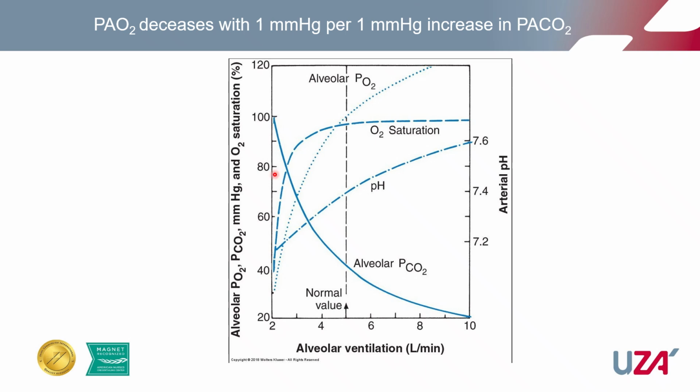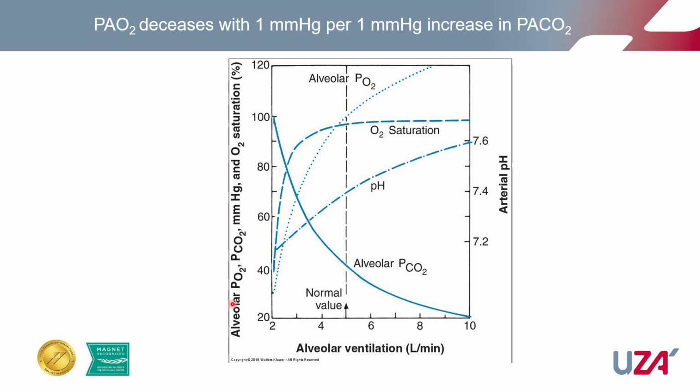However, due to its S-shaped curve, the oxygen saturation behaves differently. Oxygen saturation decreases only at quite low alveolar ventilation rates. In fact, with an alveolar pCO2 of around 50 millimeters of mercury, the oxygen saturation may still be in the normal range around 95 or 96%.